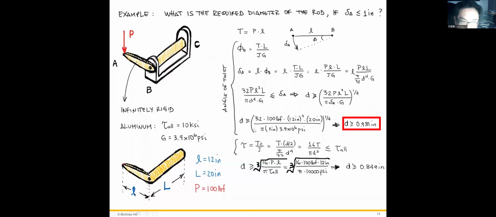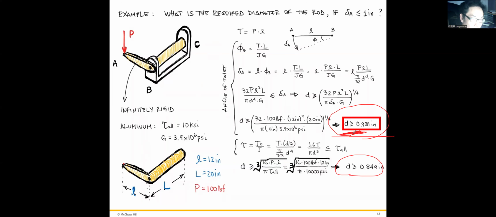So there are two diameters we could select, one from here, one from here. For this problem, we're going to choose the higher diameter for this solid rod.